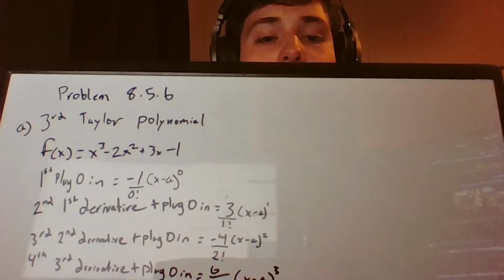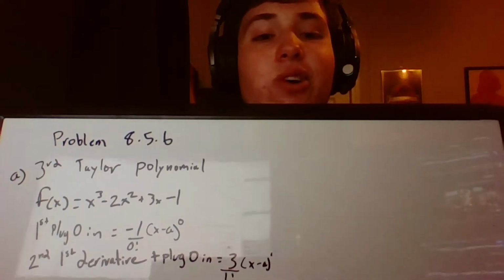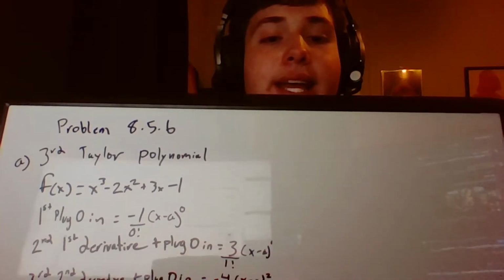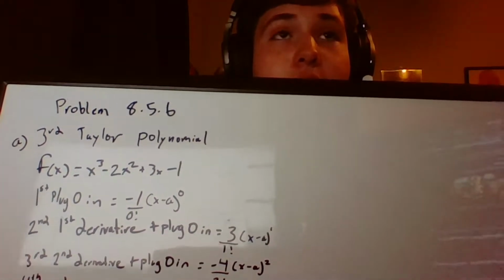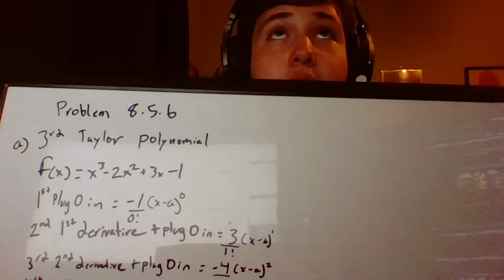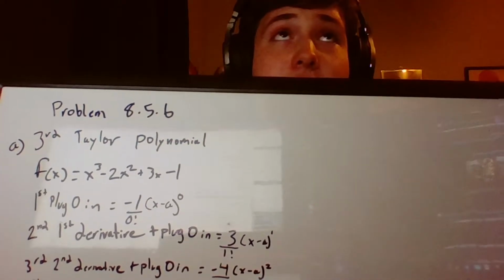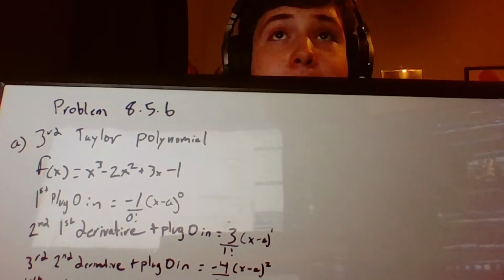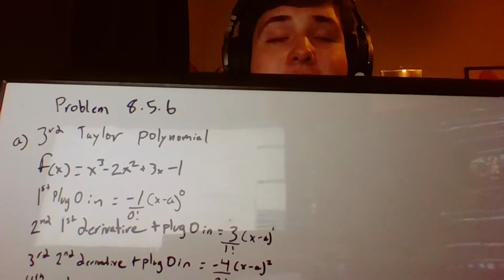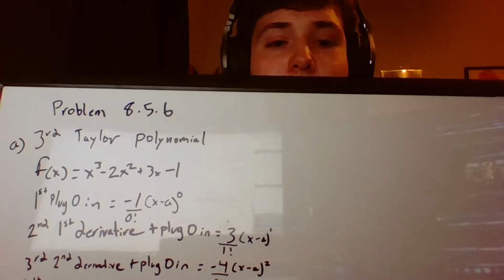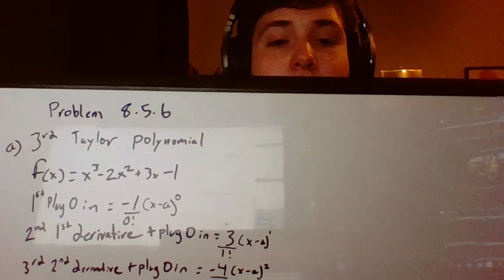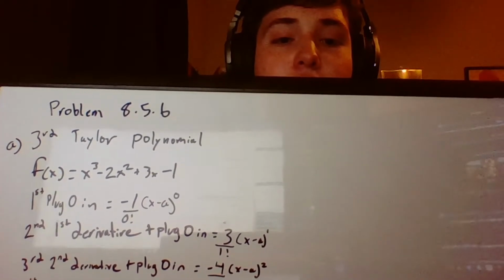So what we get if we plug 0 into the formula, f to the nth of a over n factorial, we get negative 1 over 0 factorial times x minus a to the 0th power.